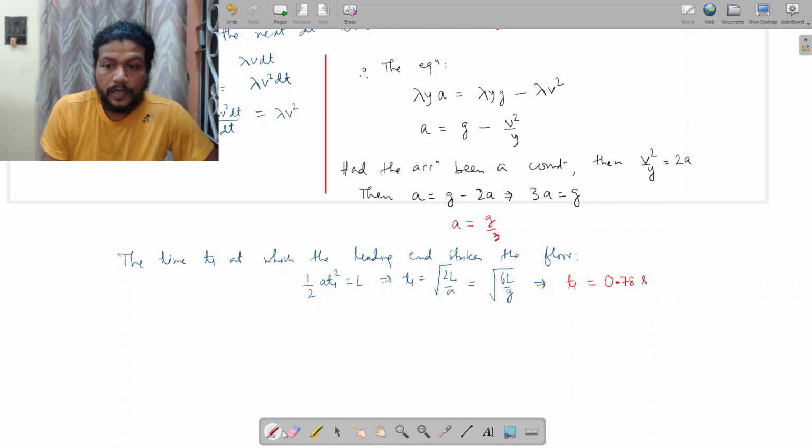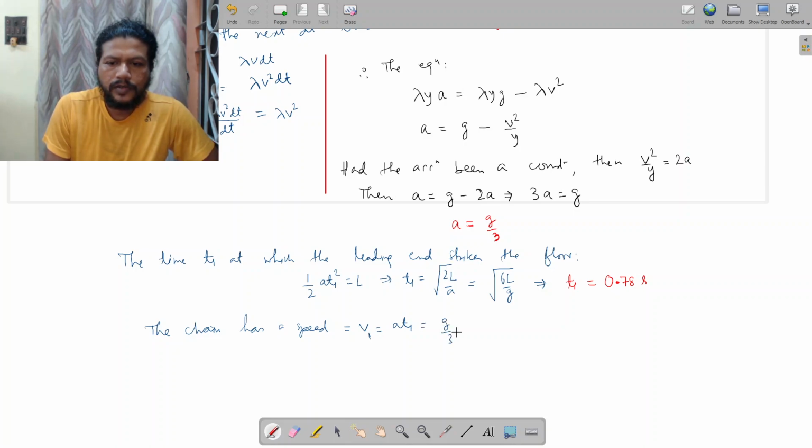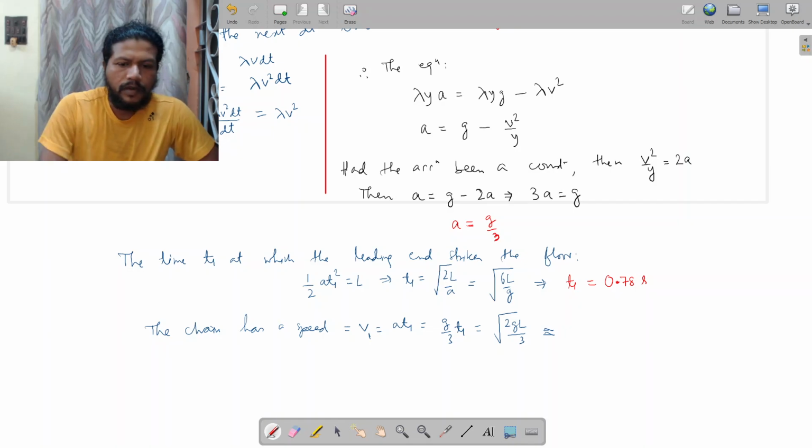The speed of the chain at this moment, the entire chain actually, is equal to v1, which is a t1, that is g by 3 into t1, that turns out to be root of twice gL by 3, approximately 2.56 meter per second. And from this moment, the chain comes out in free fall.